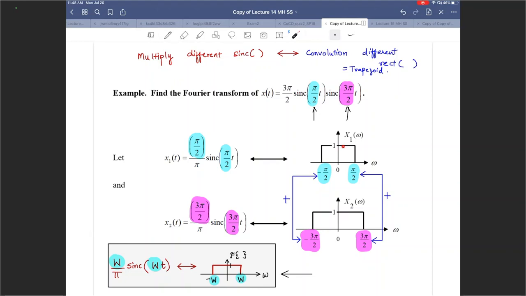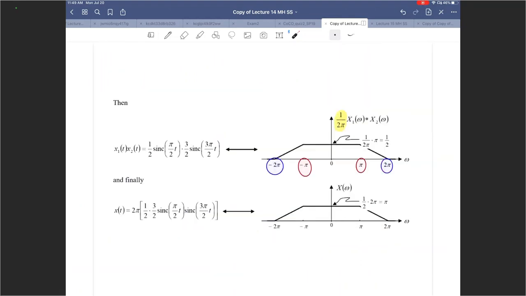So height of this 1, height of this 1, the width of the narrower rectangle pi. So 1 times 1 times pi is going to be the height of the trapezoid. That's the contribution from the convolution. So you get pi there.